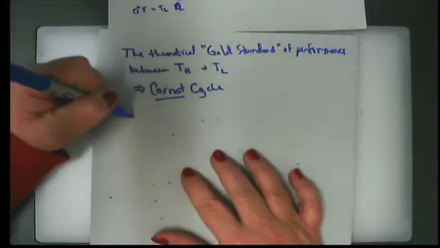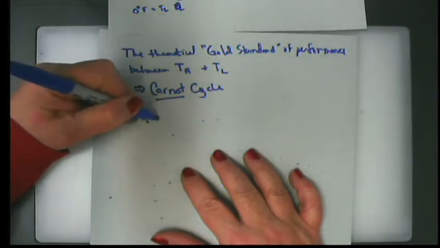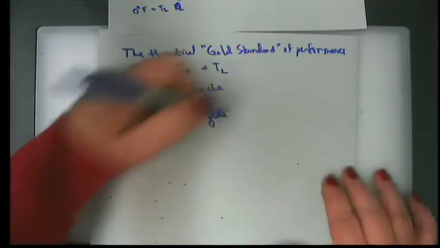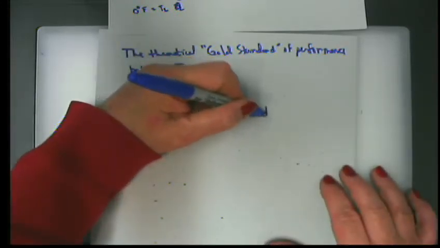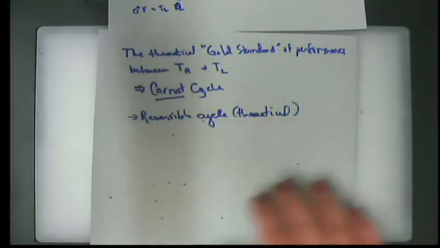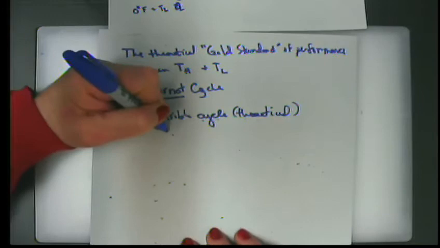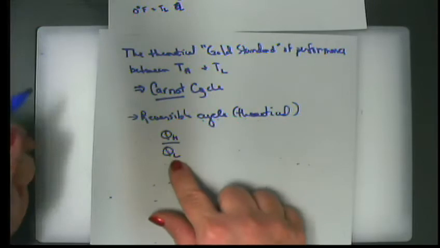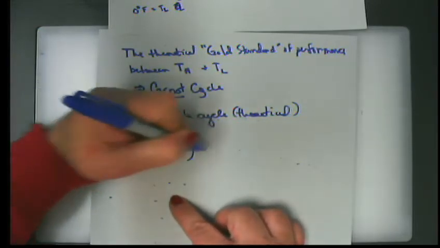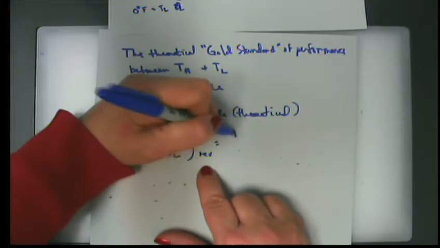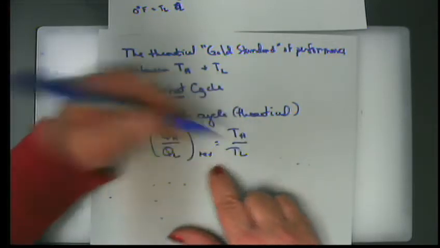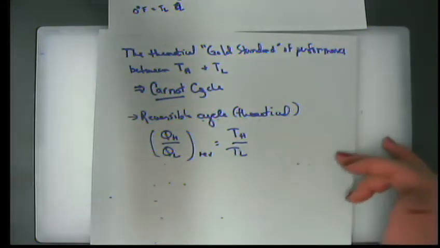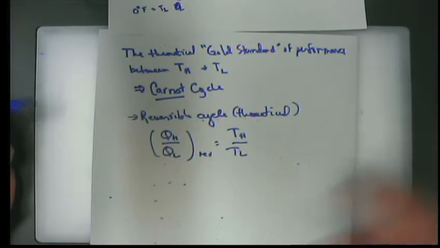So it turns out that there's a very important relationship for a reversible cycle, which of course is theoretical in and of itself. If you take Q sub H and divide it by Q sub L, this proportion, for a reversible cycle only, is going to equal the ratio of T sub H over T sub L. Now, obviously, this is not true for a non-reversible cycle, and I'm actually introducing it without proof.